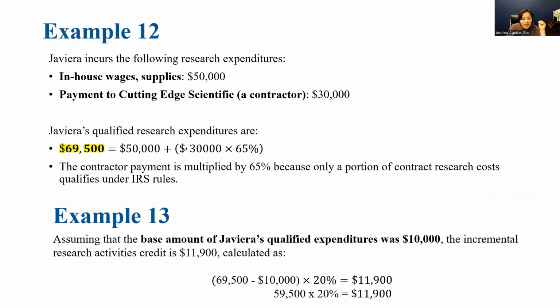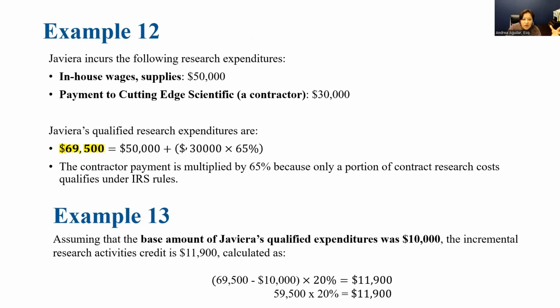Here's an example, example 12. J. Vieira incurs the following research expenditures. In-house wages and supplies of $50,000. Payment to Cutting Edge Scientific, a contractor, $30,000. So here we're trying to apply the 65% limitation.